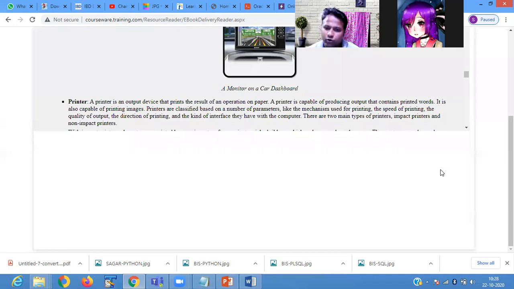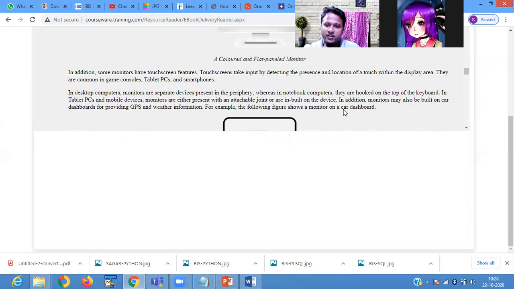The monitor is of two types. The CRT monitor is large in size and has a picture tube. You cannot hang that monitor on the wall, so you require a place for it. It takes a huge space just to put the monitor.